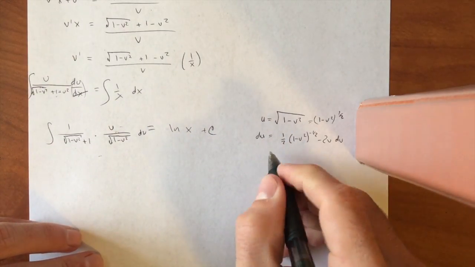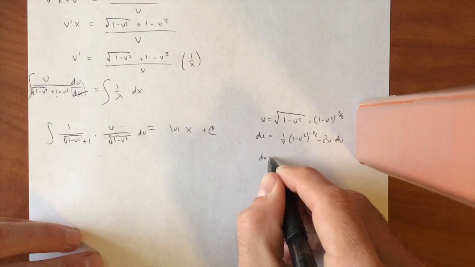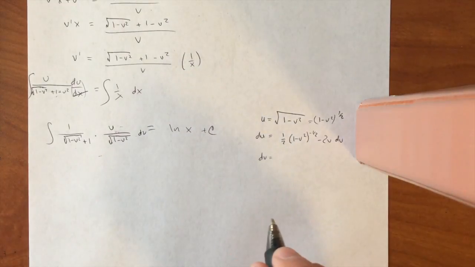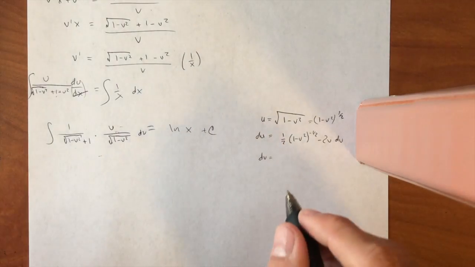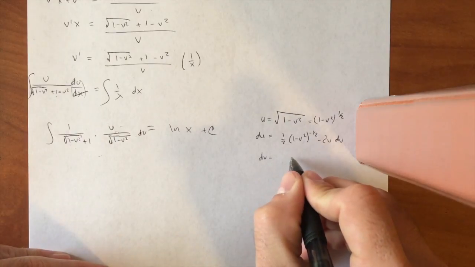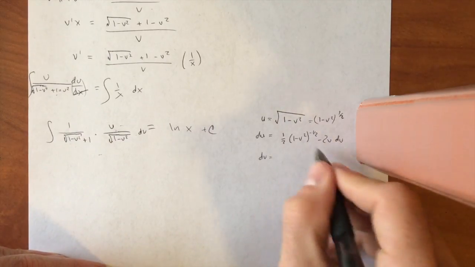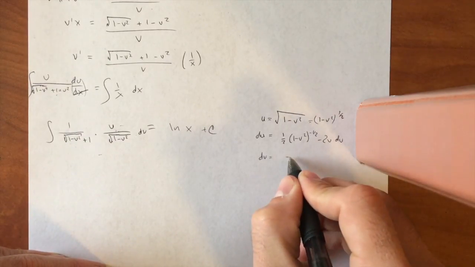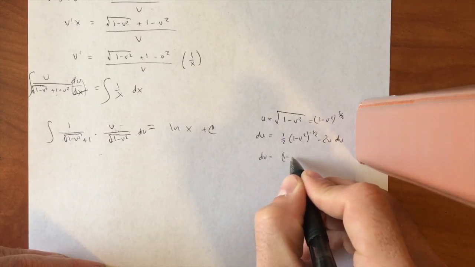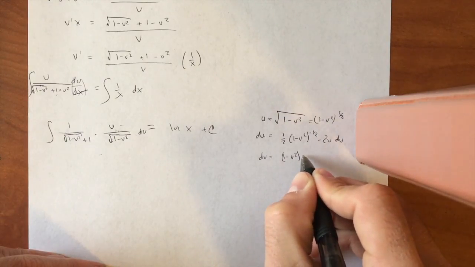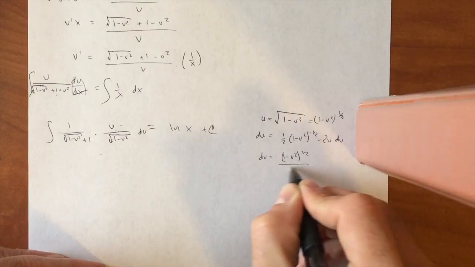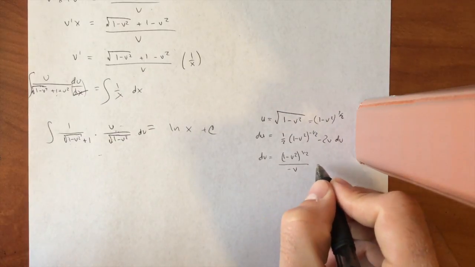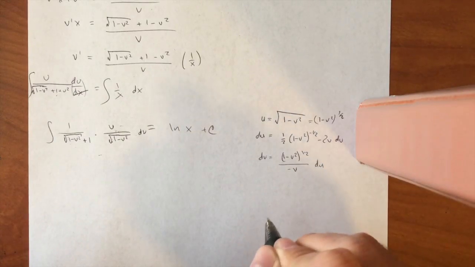Solving for dv, I like to solve for dx or dv when you use substitution. dv would then be 1 minus v squared to the 1/2 over negative v du.